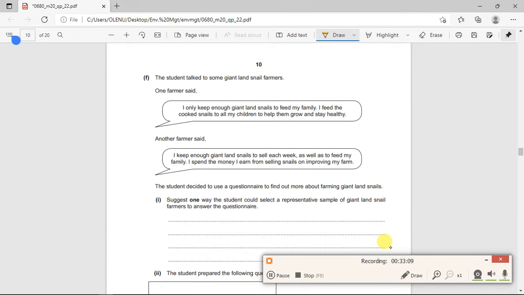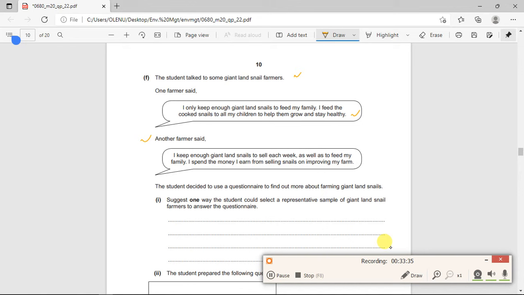Now, say the student talked to some giant land snail farmers. One farmer said, I only keep enough giant land snail to feed my family. I feed the snail to all my children to help them grow and stay healthy.